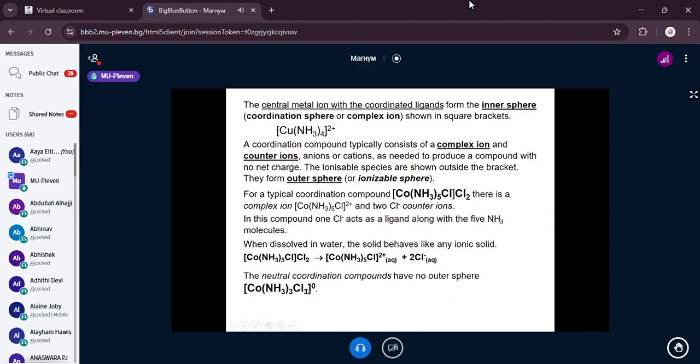The charge of the whole compound is 0. So this compound has no outer sphere.